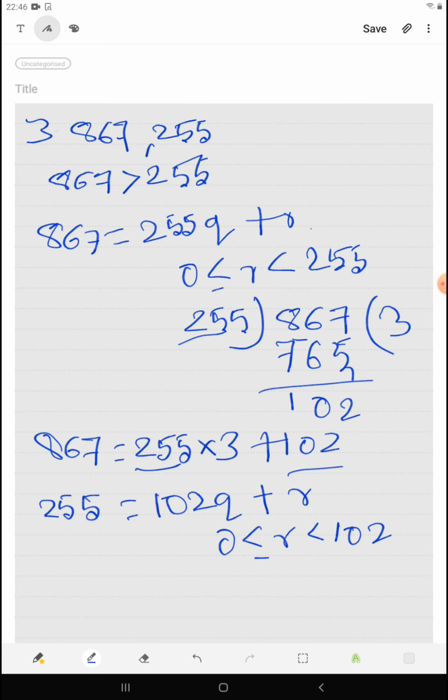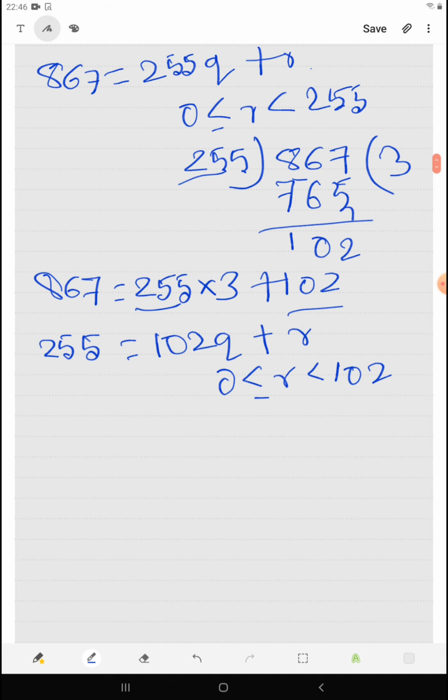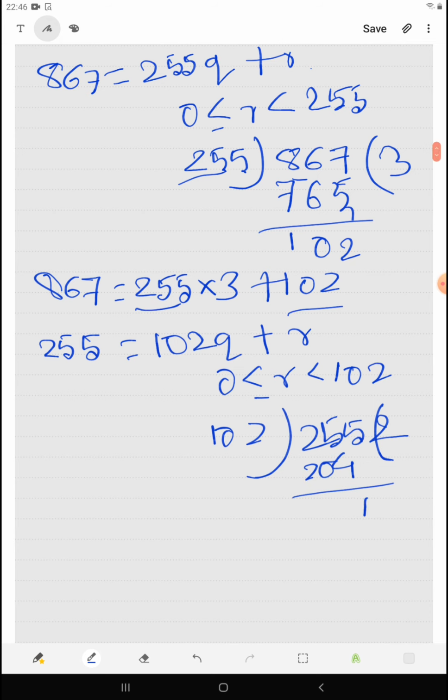Okay. So now divide 255 by 102. So 102, 255. So 102 2s are 204. 5 minus 4, 1, 5. So I have got 255 equals to, yes, correct.